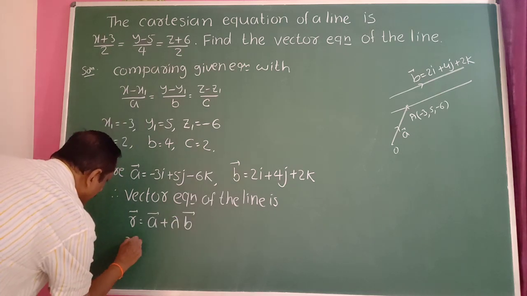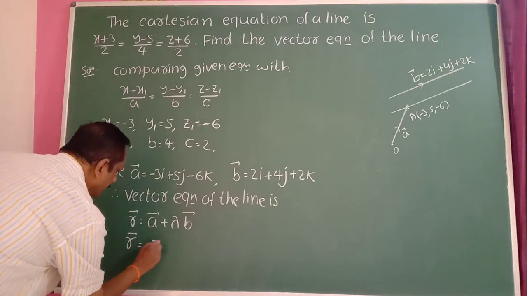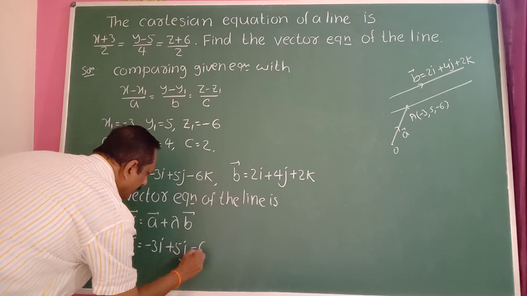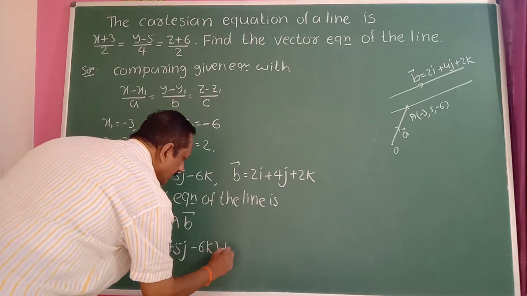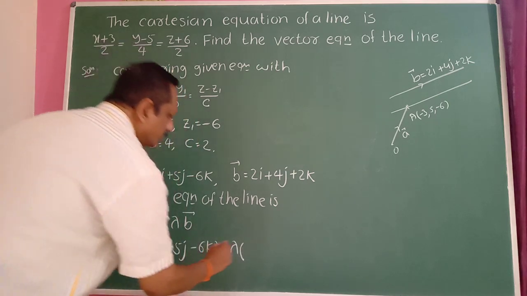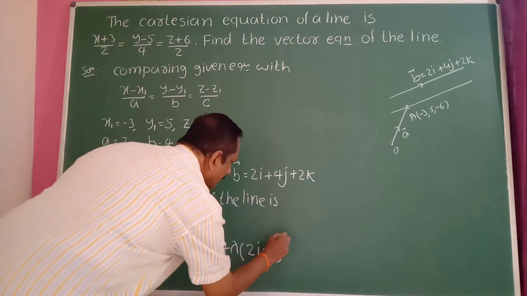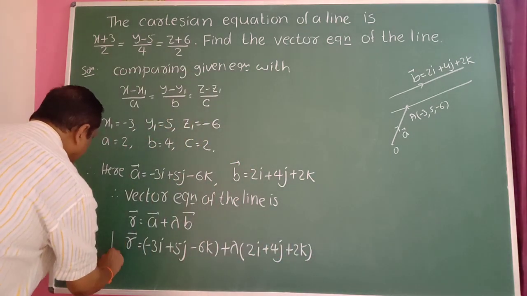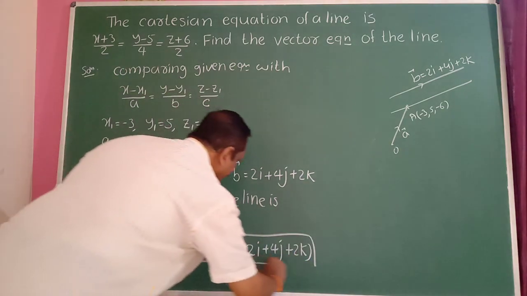So r bar is equal to a bar, which is minus 3i plus 5j minus 6k, plus lambda into 2i plus 4j plus 2k. So this is the equation of the line in vector form.